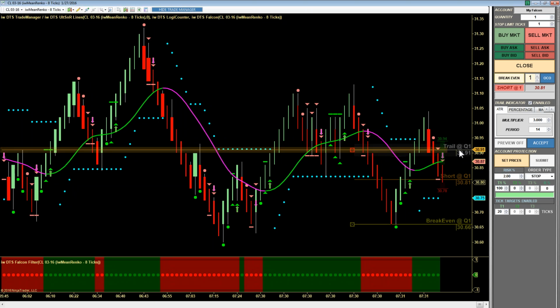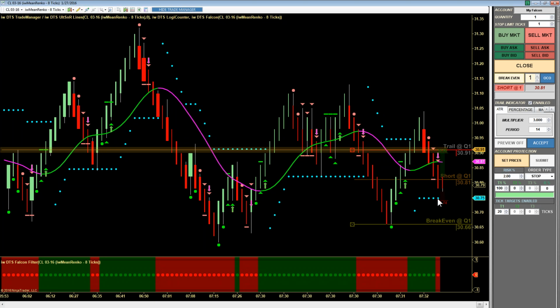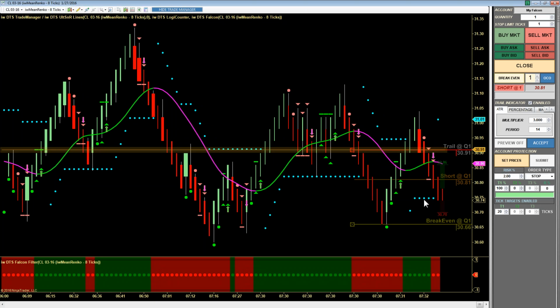Now it put the stop back a numerical amount, a preset amount, which I can adjust. Why did it do that? Well, because my stop strategy is currently against my trade, right? My stop strategy is down here. So now that the price has traded through the stop strategy, you see the blue dot has actually flipped up here.